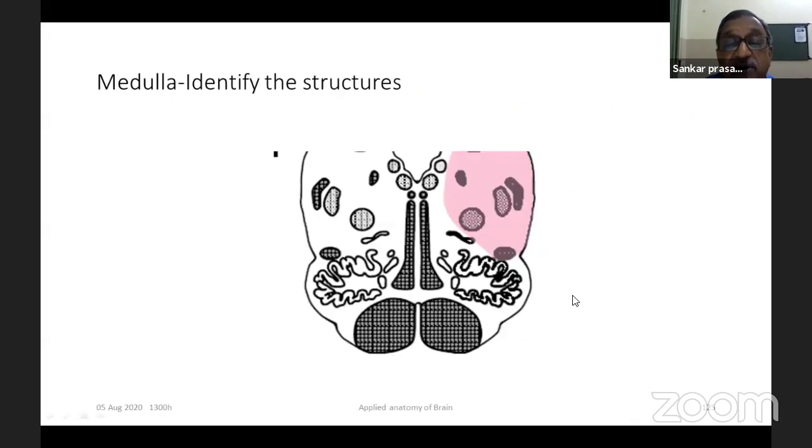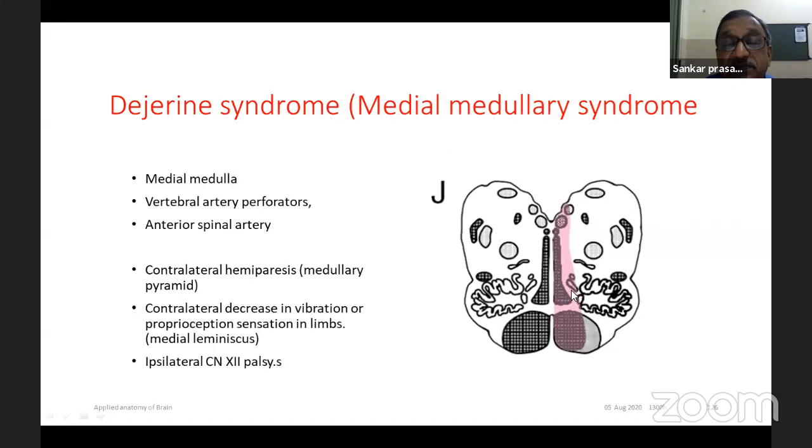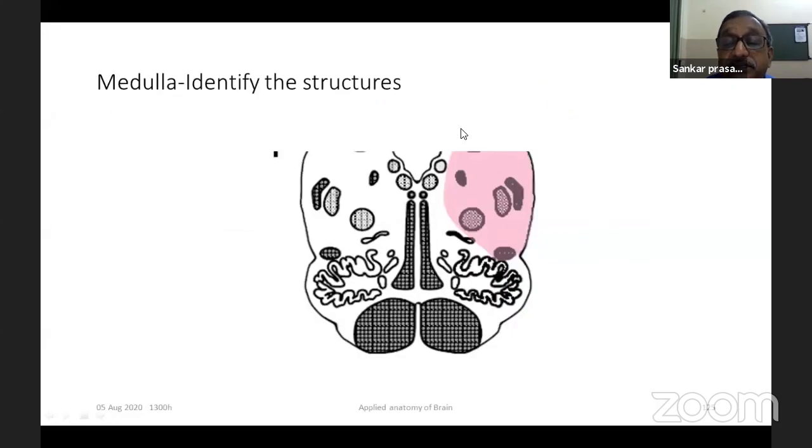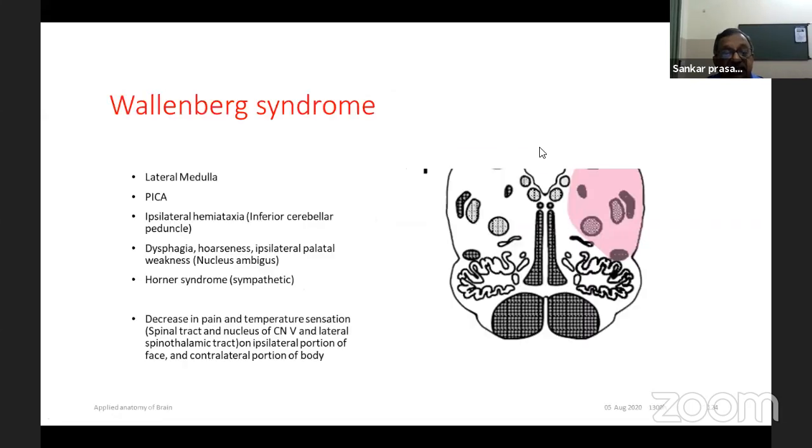Now, see the medulla, identify structures here. And what is this? Yes, Wallenberg syndrome, excellent. So this is Wallenberg syndrome, and that is lateral medulla and posterior inferior cerebellar artery. Ipsilateral hemiataxia because of the inferior cerebellar peduncle, which is dorsally placed.